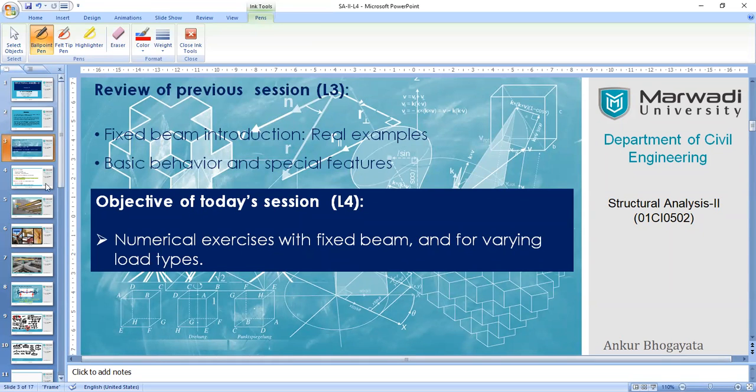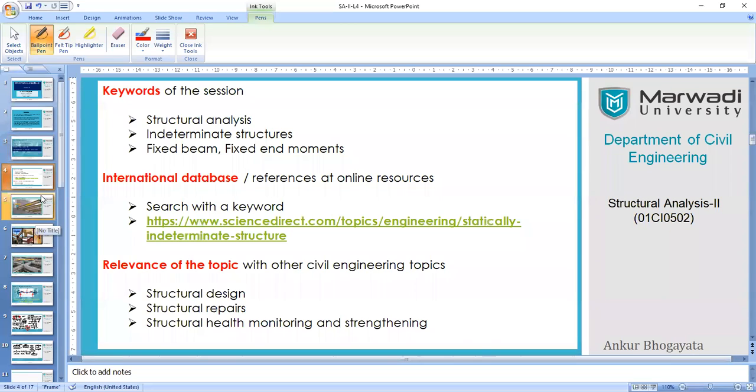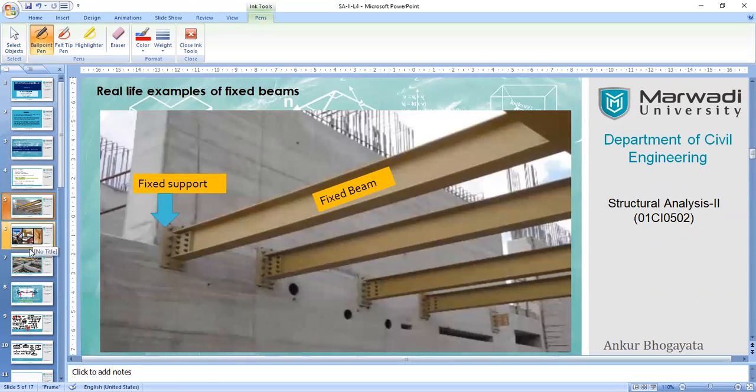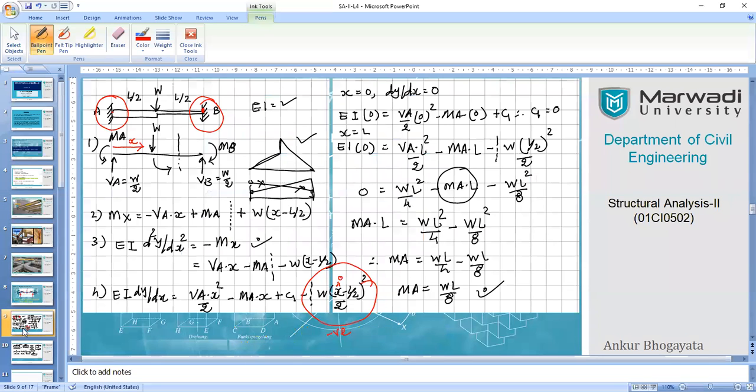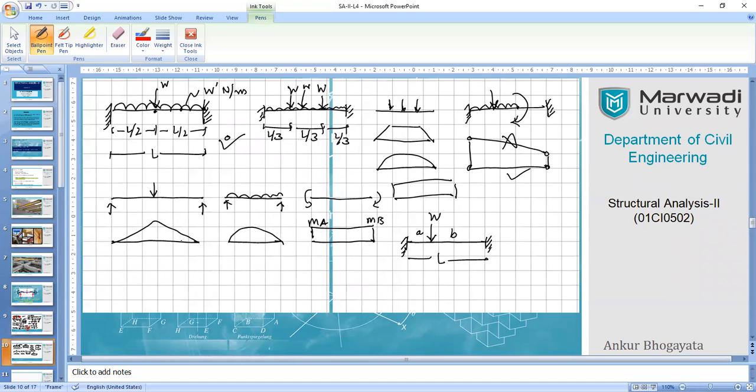But I just wanted you to know that this is another way of looking at the conditions. Now, you can see that we have already discussed all these points, and in the last session we solved this problem with the use of Macaulay's method, which is very well known to us. We have done many practice numerical exercises based on Macaulay's method.